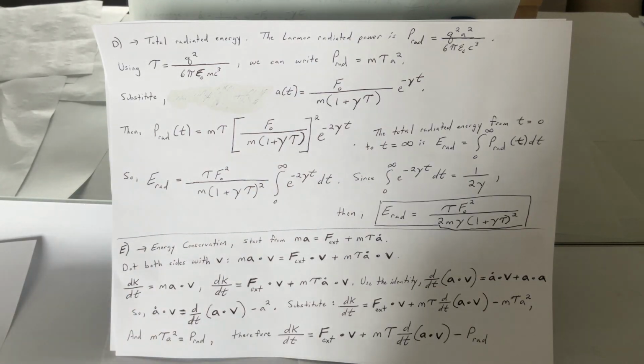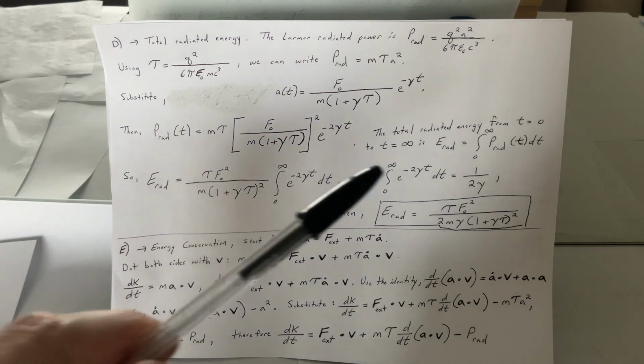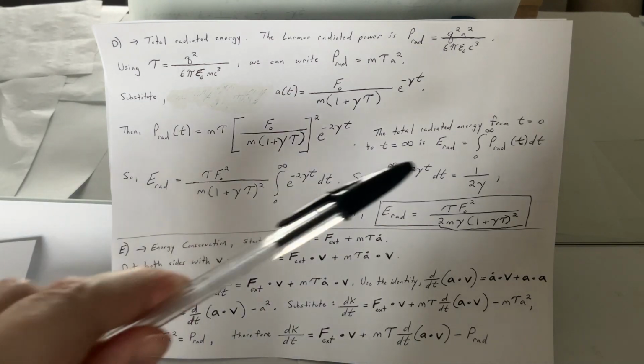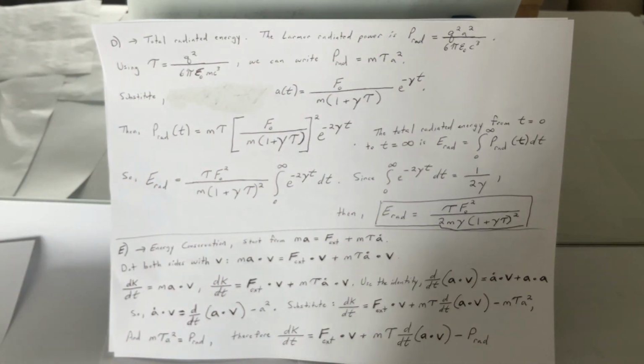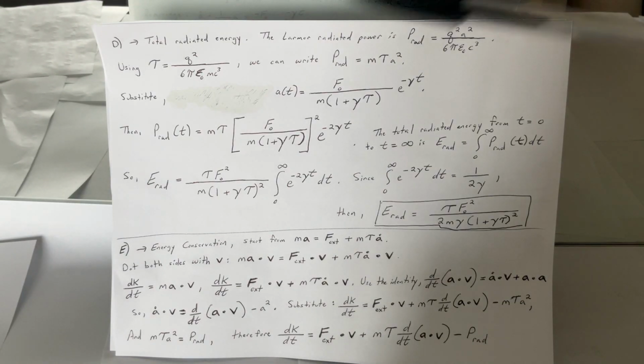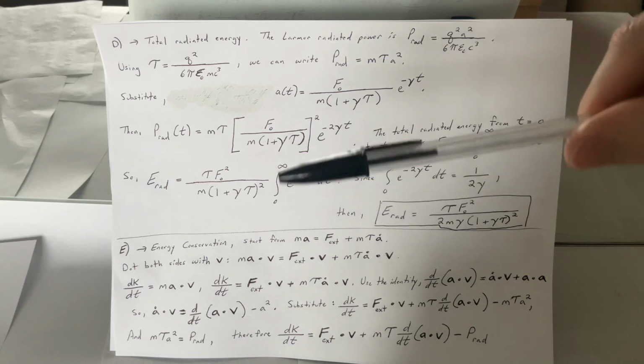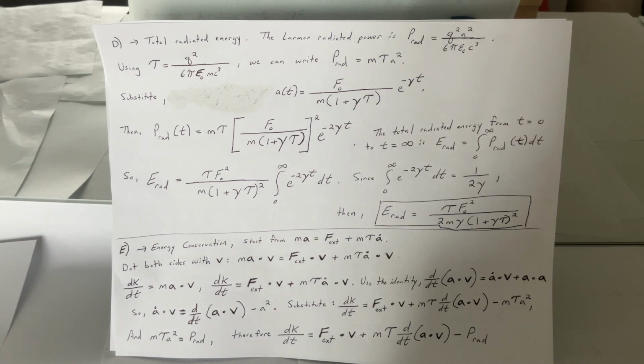So the total radiated energy from t equals 0 to t equals infinity is E_rad equals the integral from 0 to infinity of P_rad(t) dt. So E_rad equals tau F naught squared over m times the quantity (1 plus gamma tau) squared times the integral from 0 to infinity of e to the negative 2 gamma t dt.